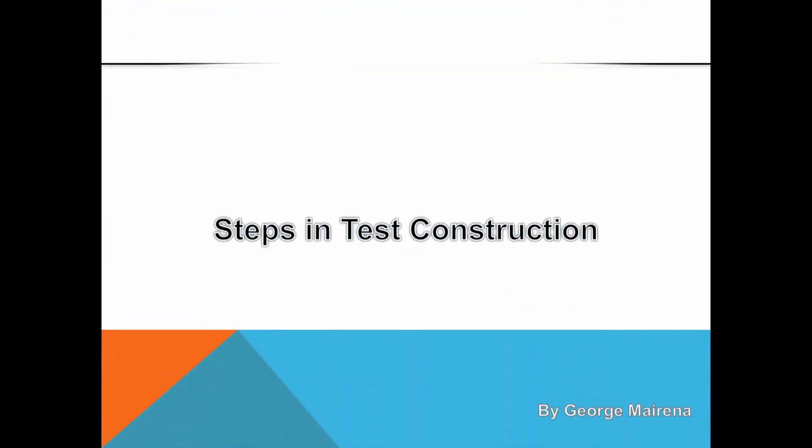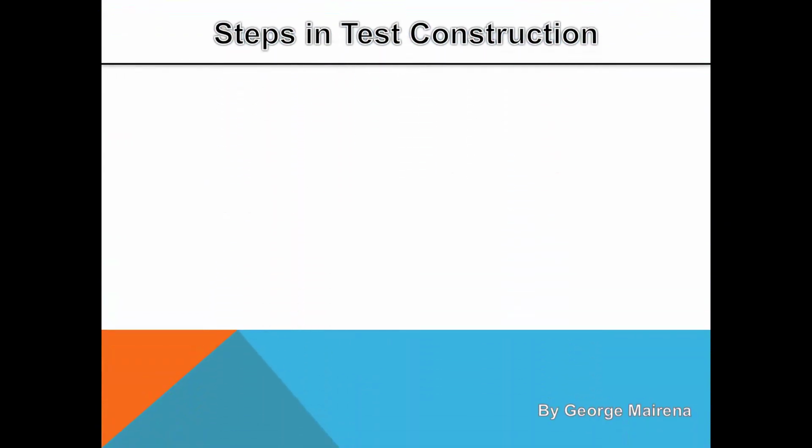Another important step, folks, that we need to take into consideration is the number of items. Remember that we need to determine how many items will be included, especially based on the grades. If it is the final test, as you know, for example at the university, the final test is worth 40 points.